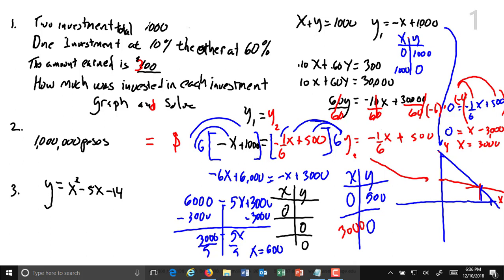So I know that this point here is 600. That's how much you invested in x. It's clear that this is going to be y over this way, right? So you can plug it into either one of these, doesn't matter. But if I take minus 600 from 1,000, what would y be?